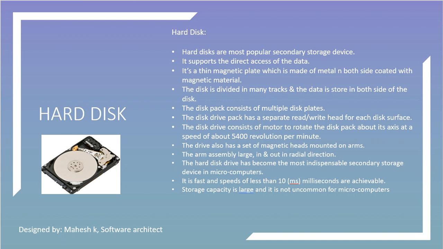The disk drive consists of a motor to rotate the disk pack about its axis at a speed of 5400 revolutions per minute, so each hard drive has a defined rotation speed. The drive also has a set of magnetic heads mounted on arms, and the arm assembly moves in and out in a radial direction.